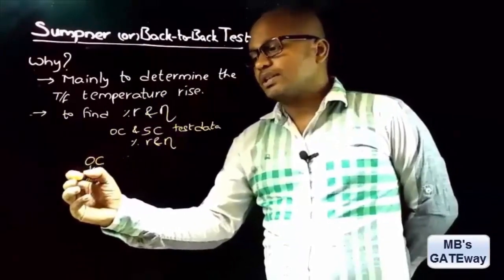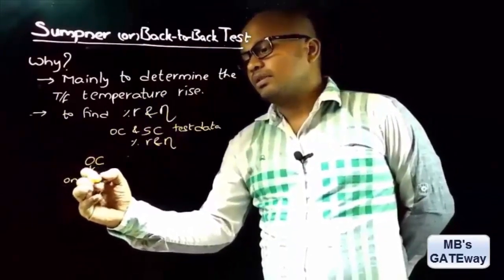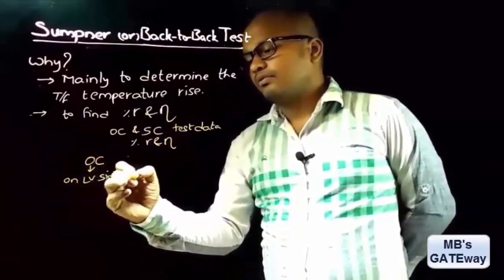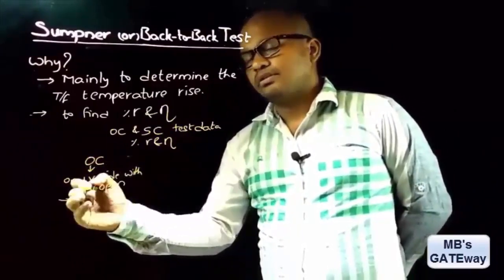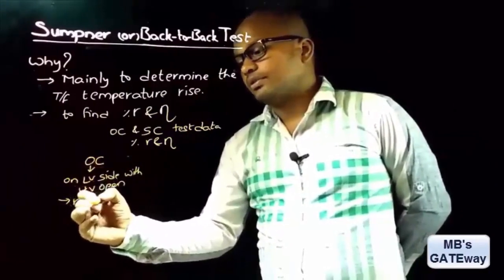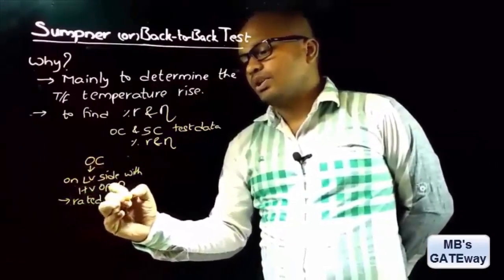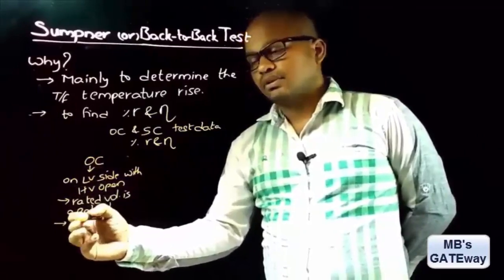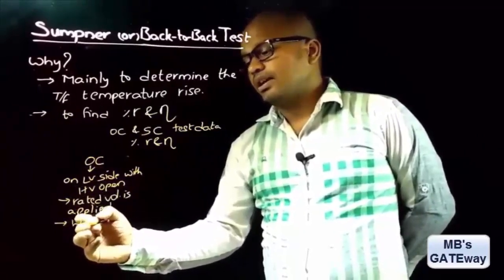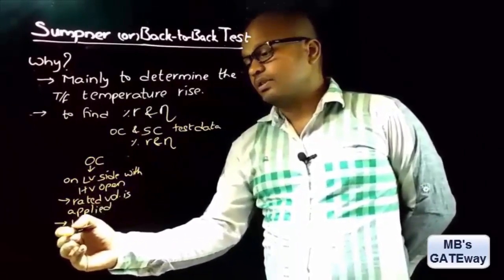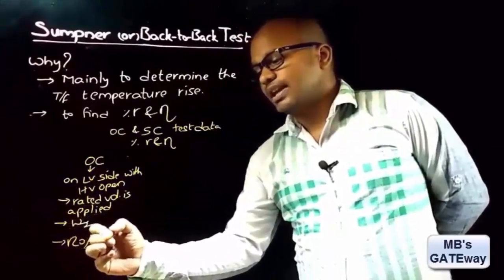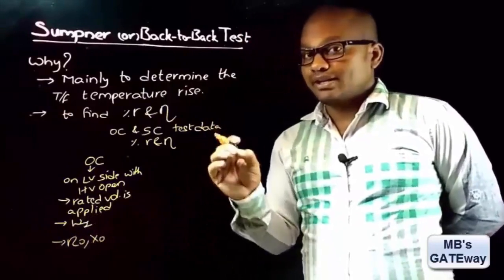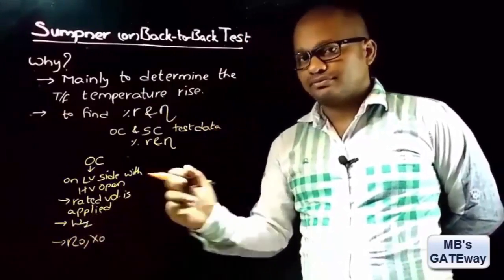Open circuit test is conducted on LV side with HV open, and here rated voltage is applied, and from this test the iron loss of a transformer are found, and shunt branch elements R0 and X0 of the transformer electrical equivalent circuit are found.